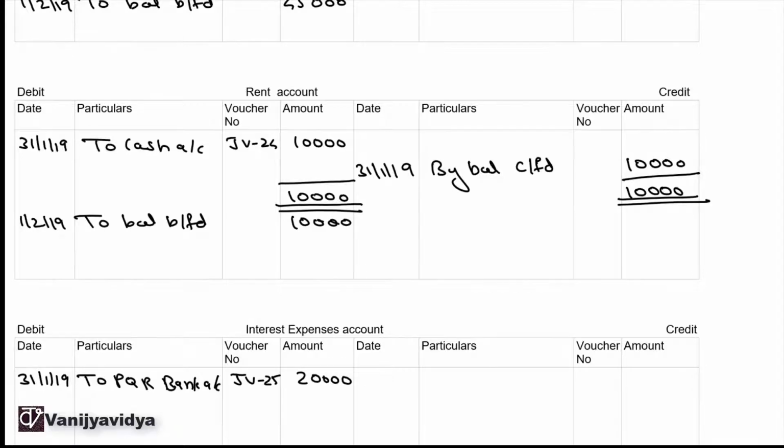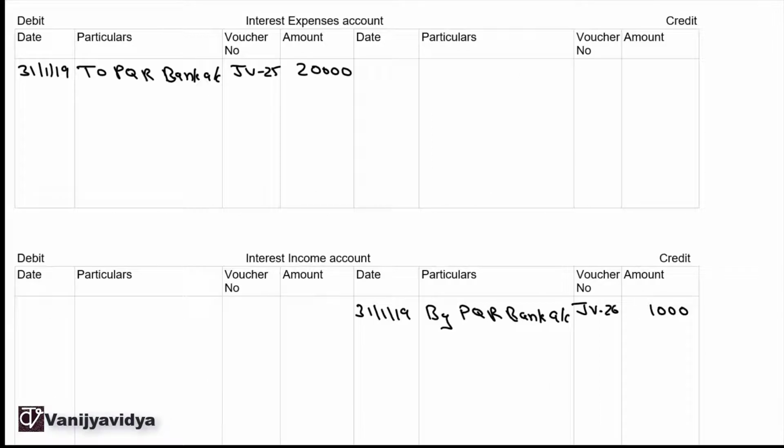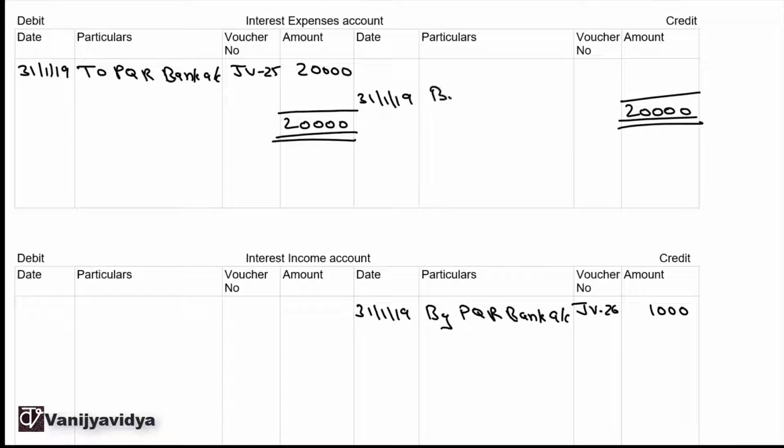Now the next ledger account. Interest expense account. Total of debit side is 20,000, credit side is 0. So 20,000 on both the sides. Then on 31st Jan 2019, on the credit side, by balance carried forward 20,000, and on 1st Feb 2019, on the debit side, to balance brought forward 20,000.